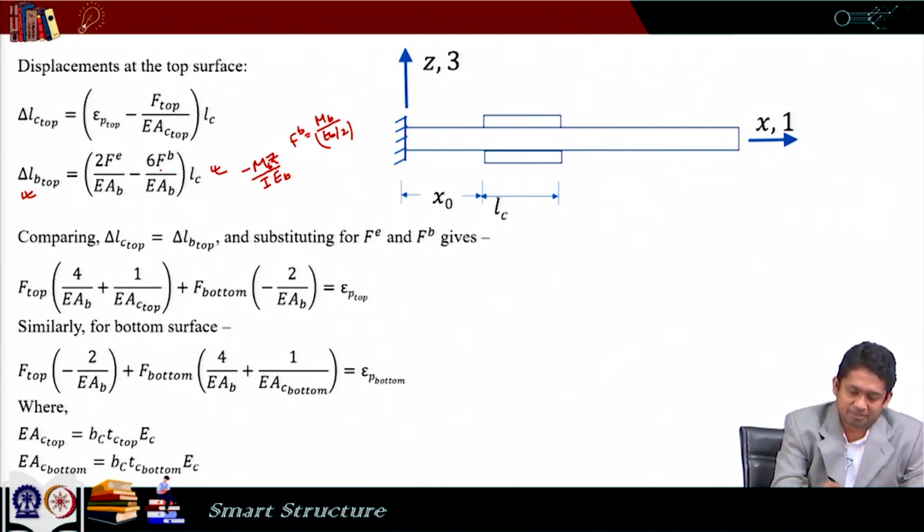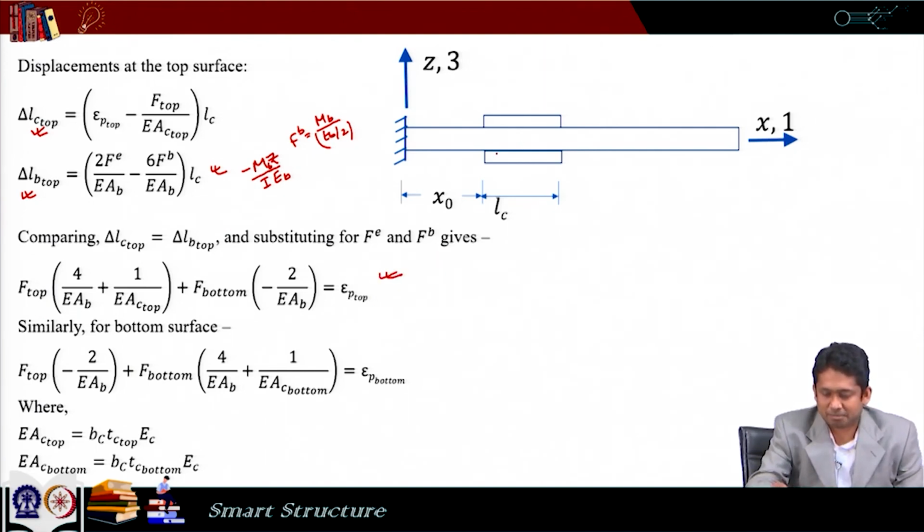If we write this in terms of Fb and then put z equal to Tb by 2, and after doing some mathematical manipulations, this expression comes. The extension of the piezo can be written as this, we have been doing this, and if we equate these two expressions, we get this equation.